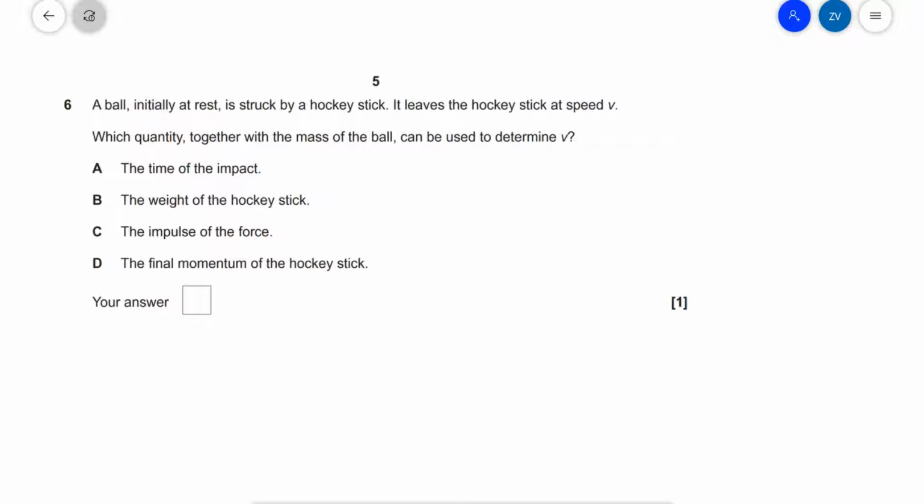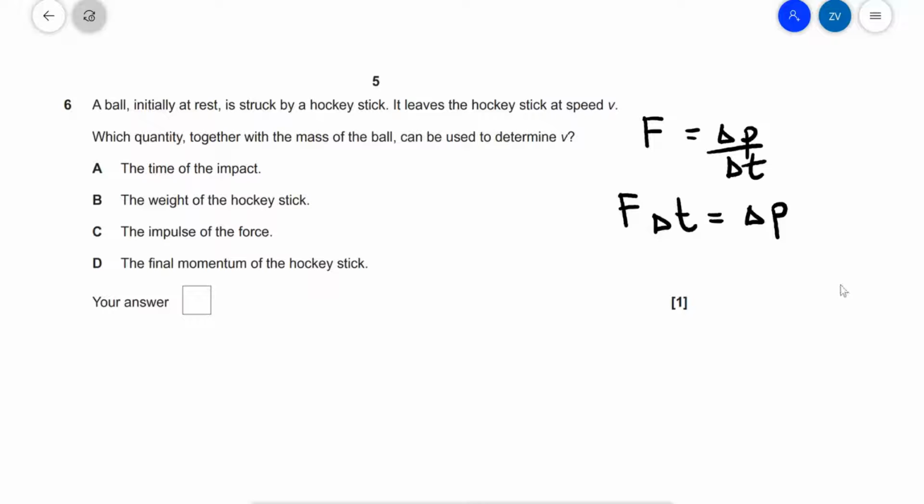Okay, well, now we know that this is essentially a conservation of momentum and Newton's second law problem, and we know that F is equal to delta P divided by delta T. Let's just put F delta T on this side of the equation. That's going to be equal to the change in momentum.